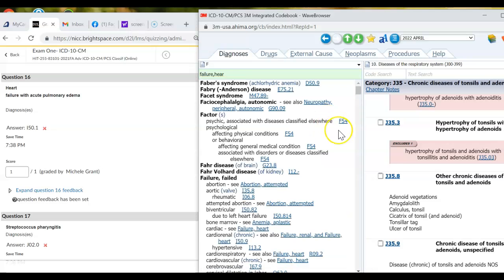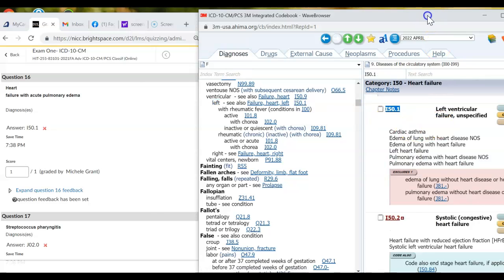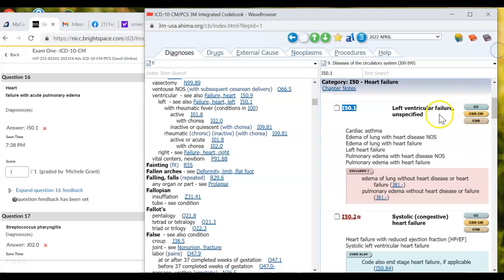Okay. And I50.1. Now, once I click over here, remember, we always need to look everything up in the tabular too. And I should have been doing that as I went through these, but just remember that's something you need to do. Okay, so I have I50.1.